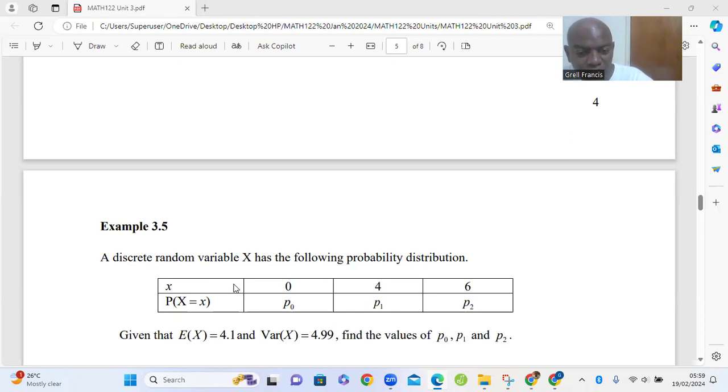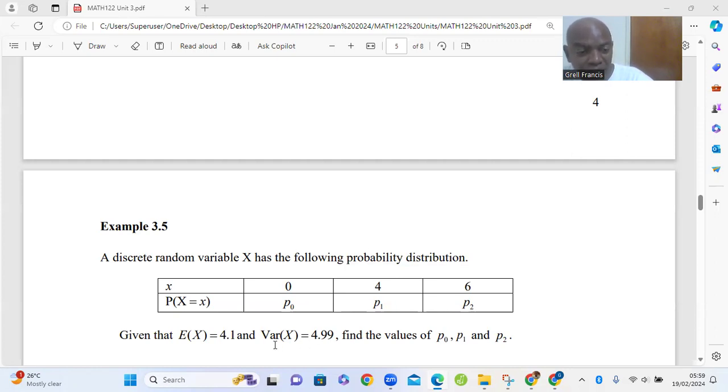And the probability value for each respectively is p sub 0, p sub 1, and p sub 2. Now we must bear in mind that anytime we are looking at a probability distribution, the sum of the probabilities must add up to 1. That's a key component with regards to a discrete or any probability distribution.